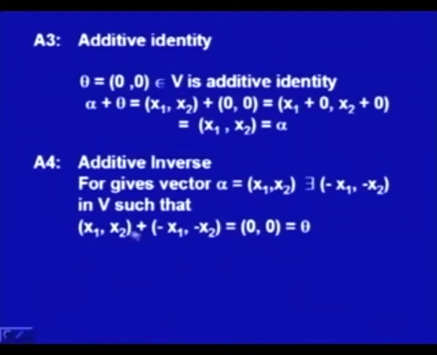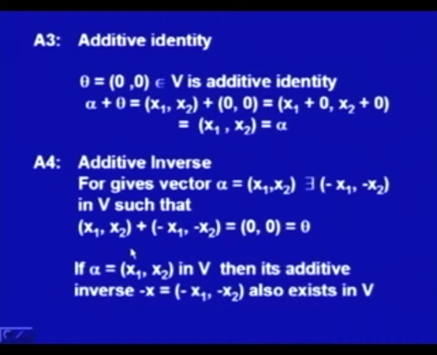It is in V because x1 and x2 are numbers, and if x1, x2 belong to R, minus x1, minus x2 also belong to R. So, the inverse of (x1, x2) is (minus x1, minus x2). So, for given vector alpha there exists its inverse. So, this way additive inverse exists in V for all alpha given in V.